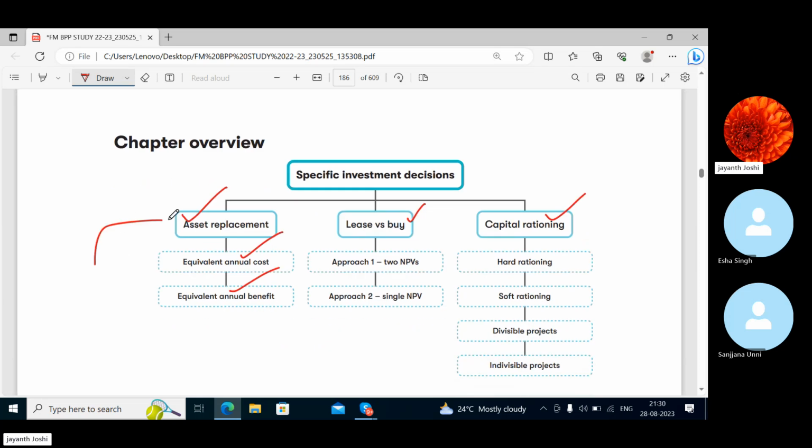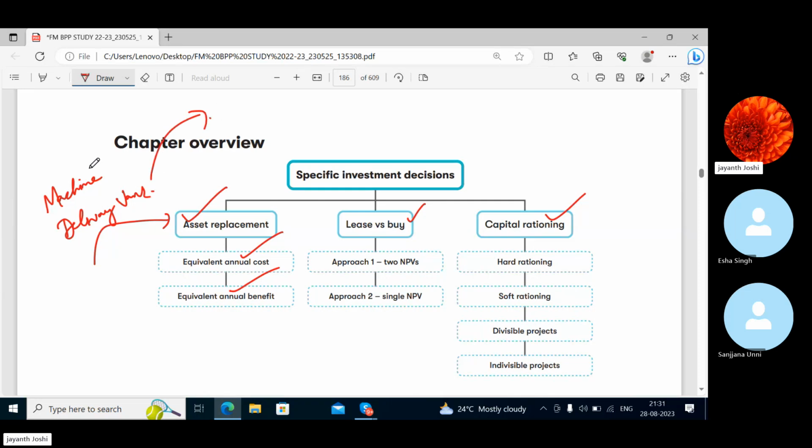Asset replacement. We know that when we run a business activity, we require certain machines, like a machine for production purposes. We want vehicles, like delivery vans, to deliver our product in the market.